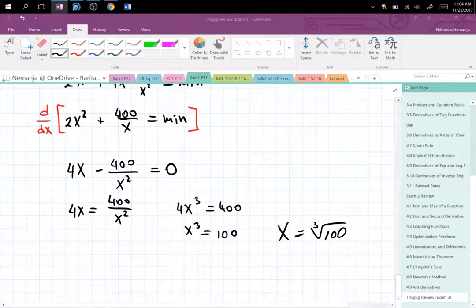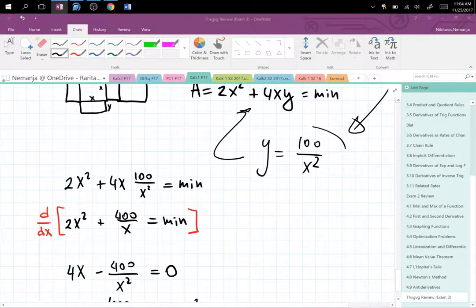If it was 1,000, the answer would be 10. It's not 1,000, it's 100. So leave it there. So we have that x is equal to the cube root of 100 meters. Not potatoes, meters.